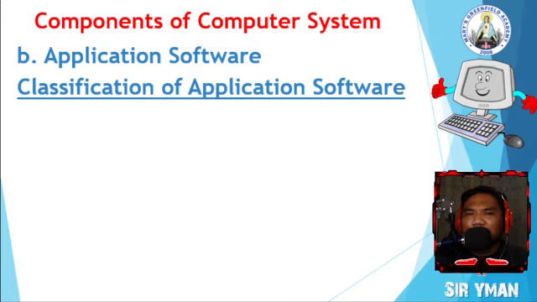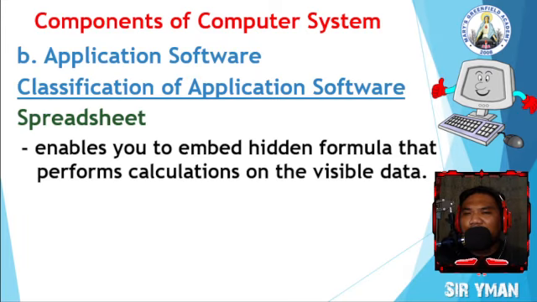Okay, next classification ng application software ay tinatawag na spreadsheet. It is a software which enables you to embed hidden formulas that perform calculations on the visible data. So ito yung naging discussion natin before sa ating ICT subject.